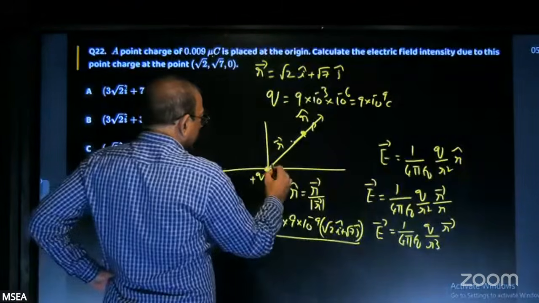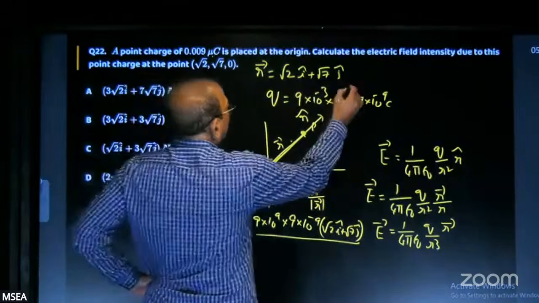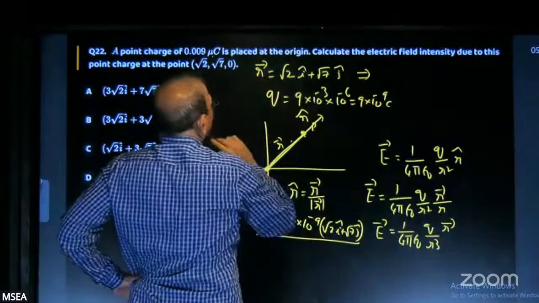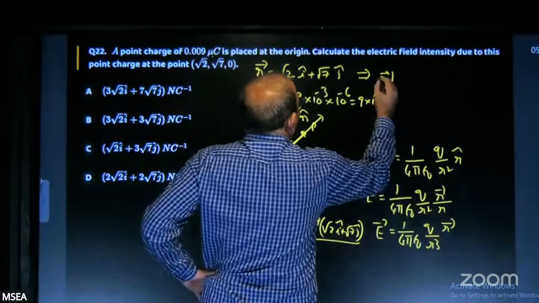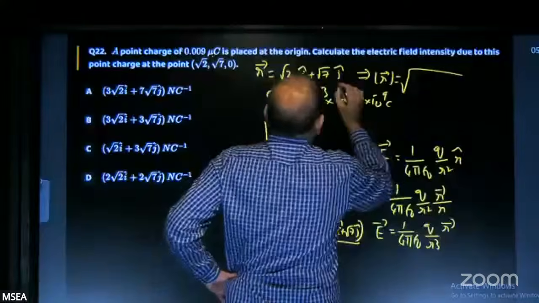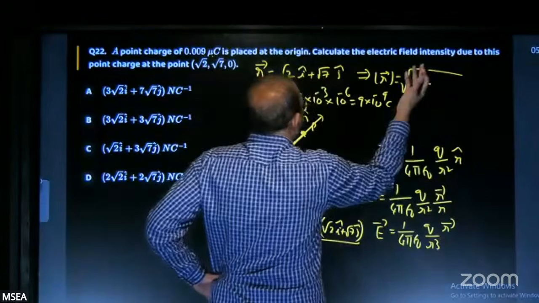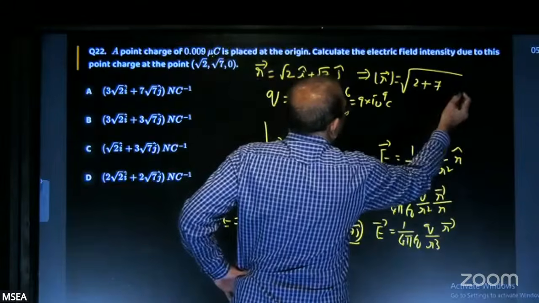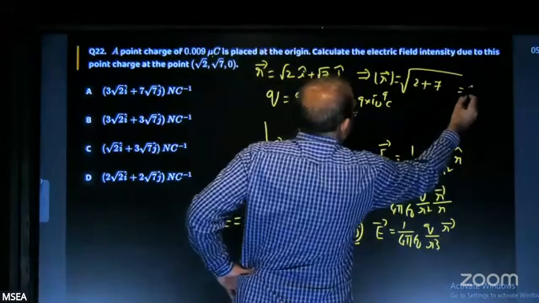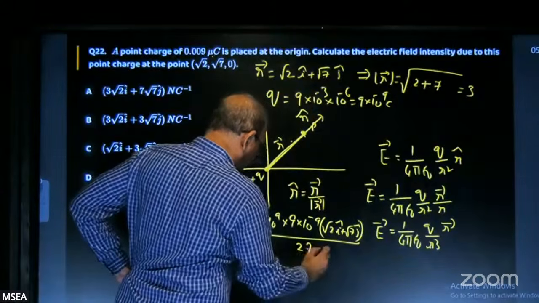R cube means the length of this position vector magnitude cubed. What is the magnitude of this r bar? Under root, x coordinate square root 2 square is 2, plus root 7 square is 7, root 9, that means 3. So this r is 3. 3 cube you are getting 27.